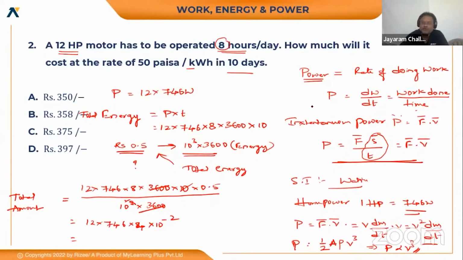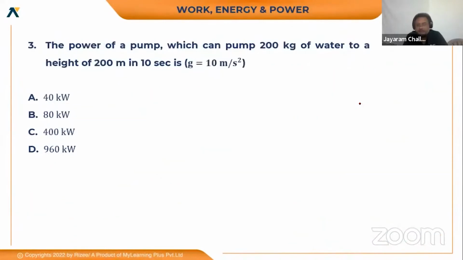The power formula F into V is the instantaneous power, and the general formula of power can be written as dW by dt. In some situations, work done will be only in the form of kinetic energy. In some cases, work done can be in the form of potential plus kinetic energy. For example, the power of a pump which can pump 200 kgs of water to a height.